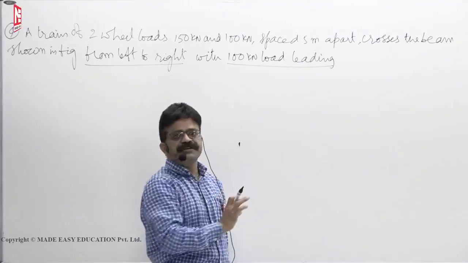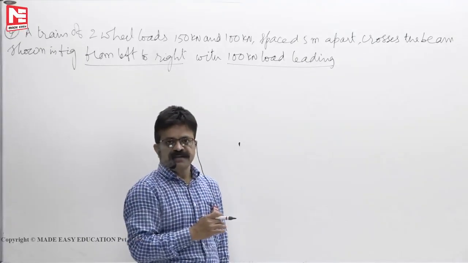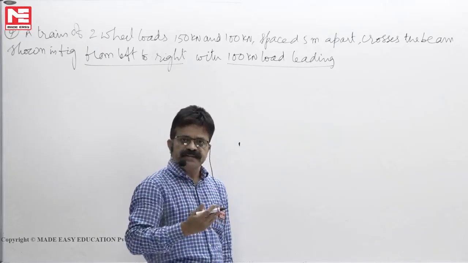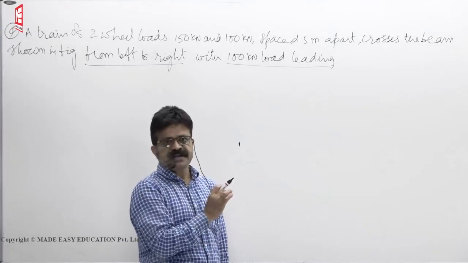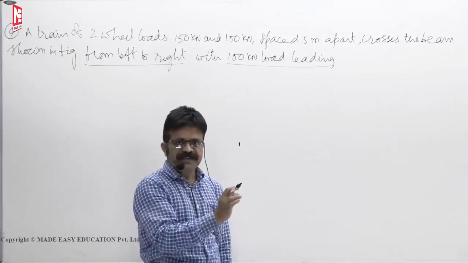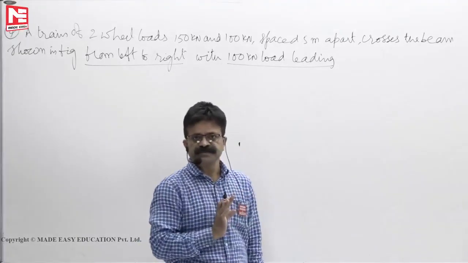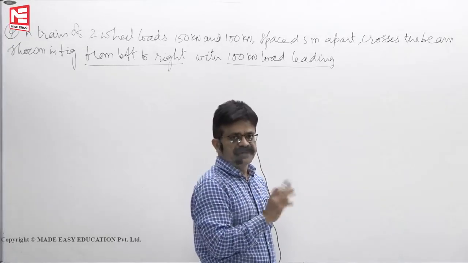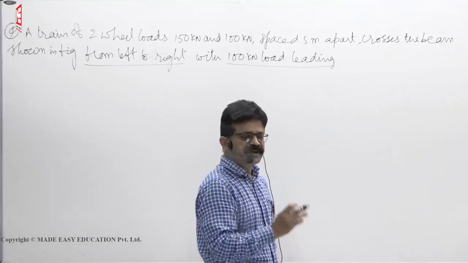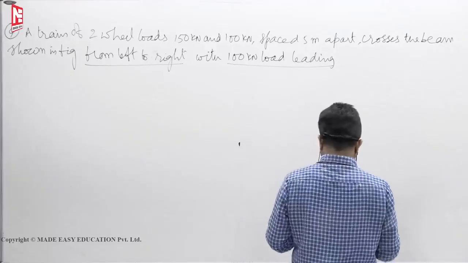Then you don't have to reverse and check other possibilities. To prevent checking the other possibilities and wasting our time in the stipulated 2 minutes, they give you which load is leading and which direction they are moving. So for that case only you have to check what is the maximum reaction or shear force or bending moment. Okay.